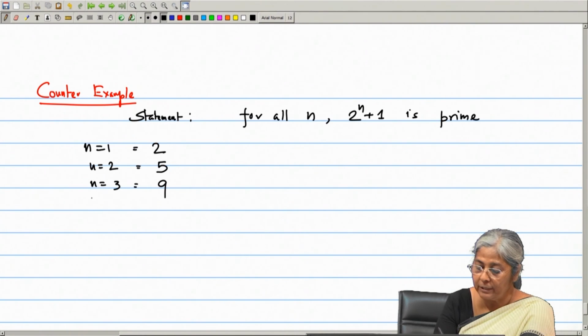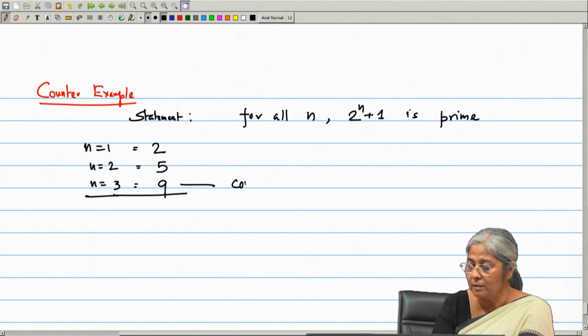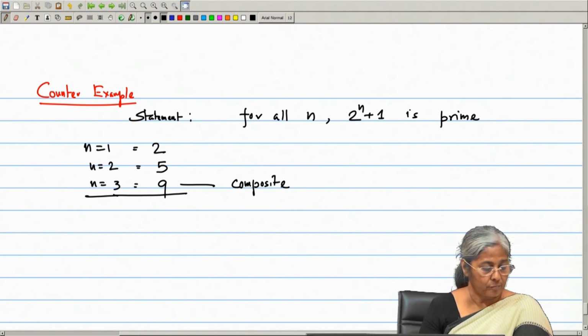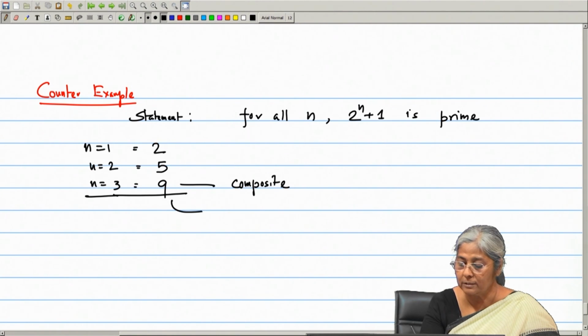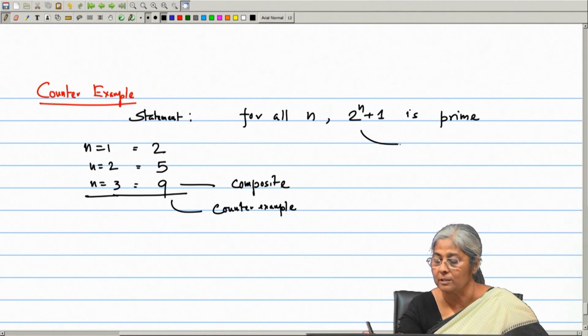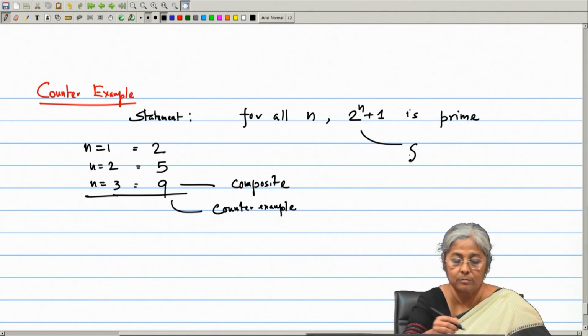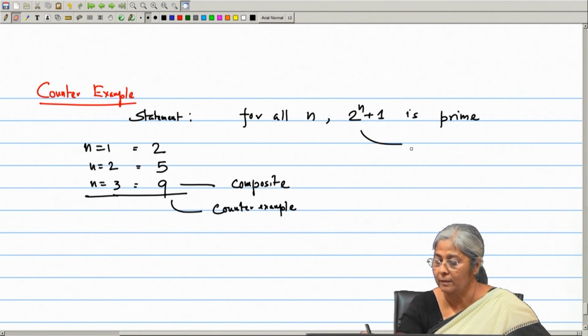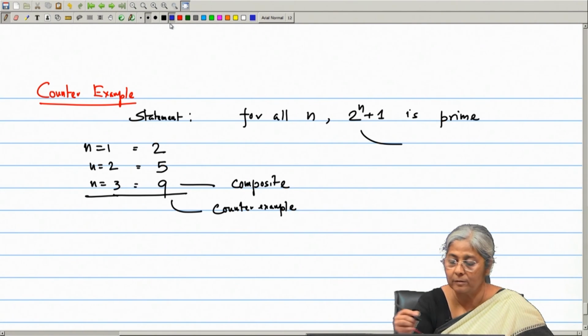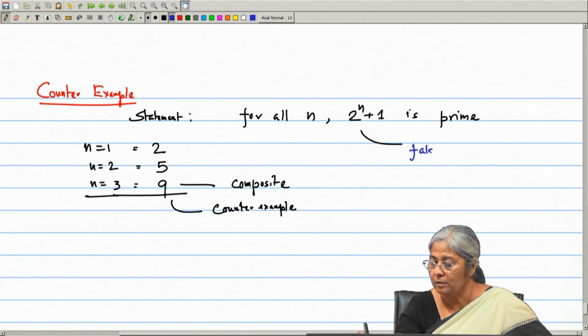So, we see that for n equal to 3, 2 to the power n plus 1 is not a prime number, but a composite number, 9. So, this is a counterexample, and we can tell that this is a false statement. Many times we can use this, which is proved by counterexample.